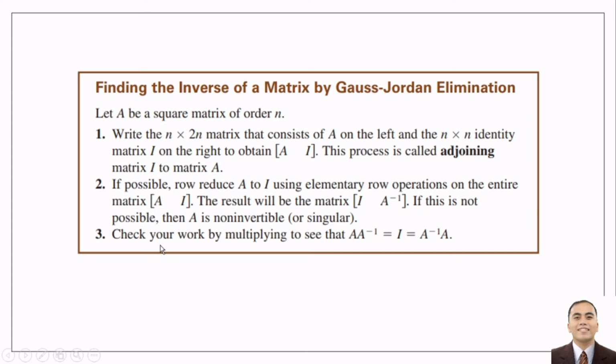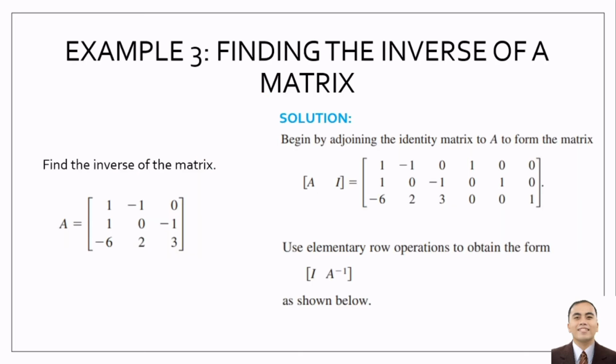So we could check by multiplying that A times the inverse of A is equal to I, and I is equal to the inverse of A times A. So, for example, find the inverse of matrix A is equal to 1, negative 1, 0, 1, 0, negative 1, negative 6, 2, and 3.